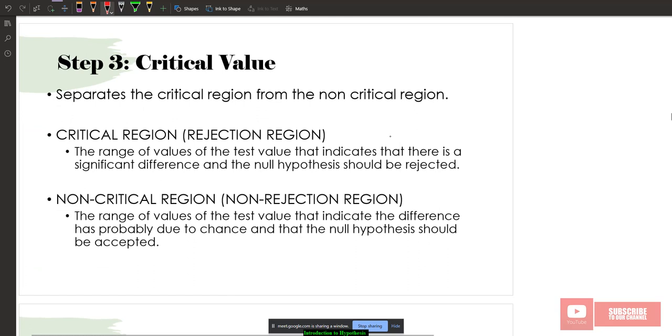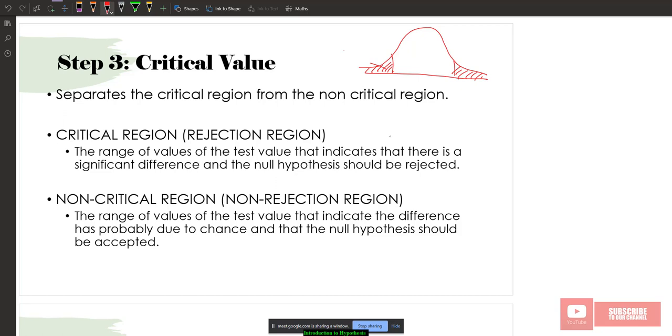Step number 3 is the critical value. The critical value separates the critical region from the non-critical region. For example, as shown earlier, this is the normal distribution. We separate the critical region, the rejection region, and the acceptance region.